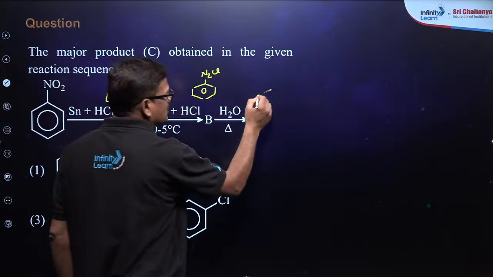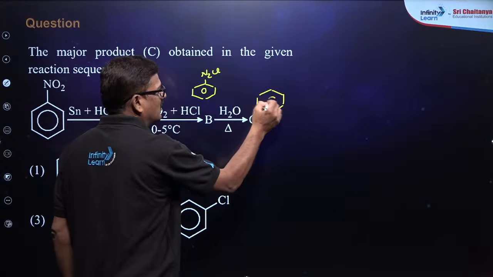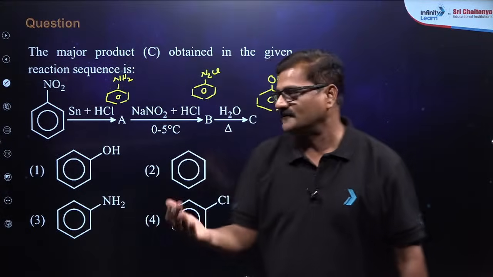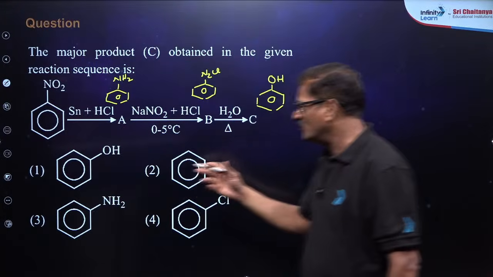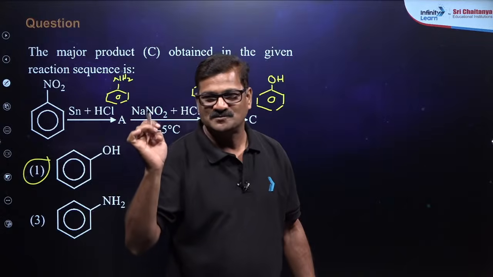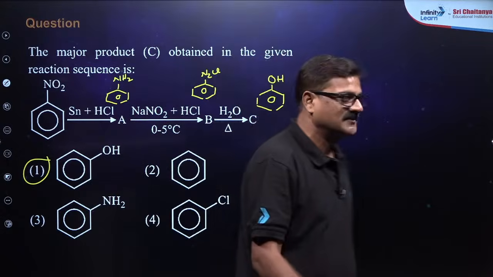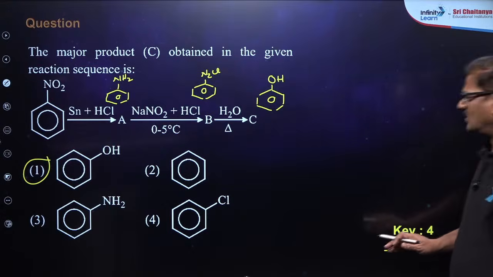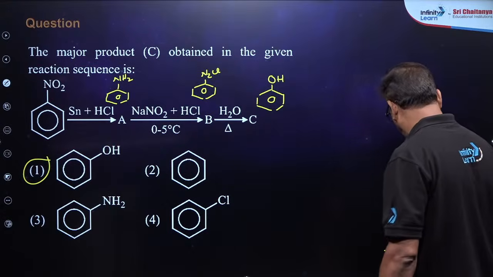When benzene diazonium chloride is treated with water, just warm it, you will get phenol. So I will get option 1 as the answer. Following or not? So Varsha, that's good, nice. So many questions I prepared. Option 4, nice. It is not. It is a phenol.